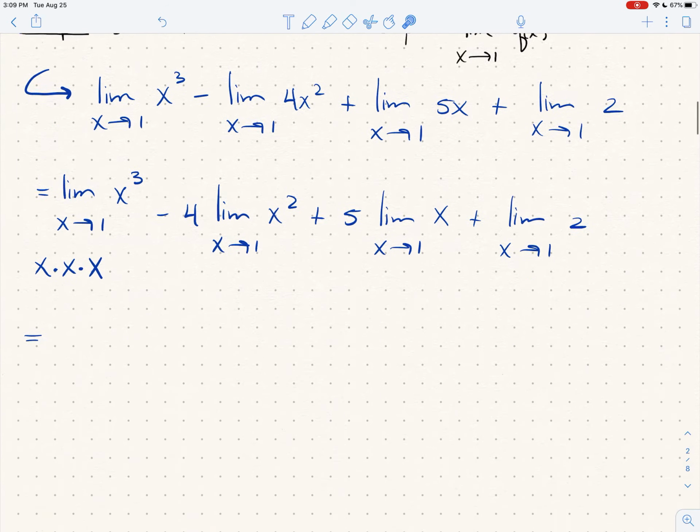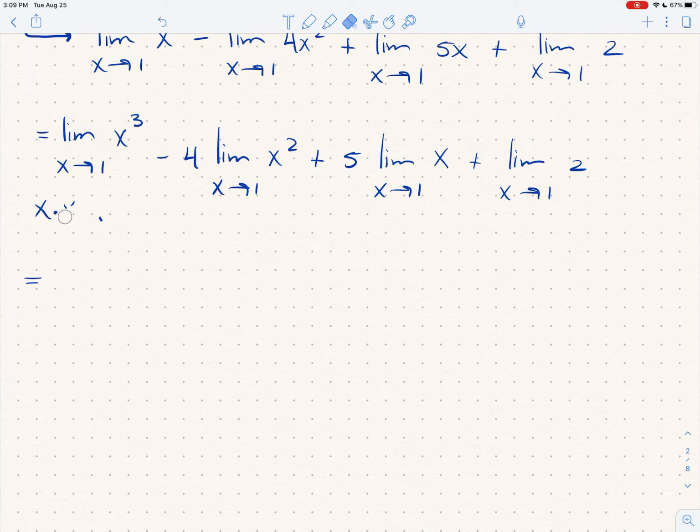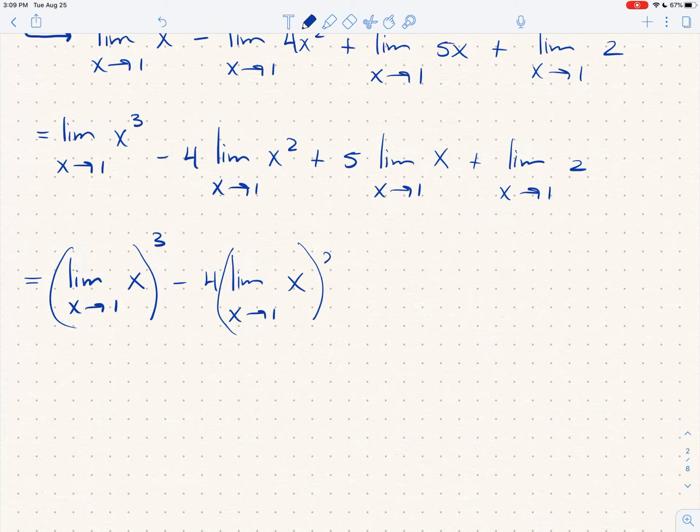So I can write this x cubed as the limit as x goes to 1 of x times the limit as x goes to 1 of x times the limit as x goes to 1 of x. So rather than write it out 3 times, I'm just going to cube it. And I'm going to say this is 4 times the limit as x goes to 1 of x, and this one is squared. And then we already said, 5 times this limit, you can just plug in the 1 and you get 5 times 1 plus this limit, you're just going to get out the constant, which is 2.